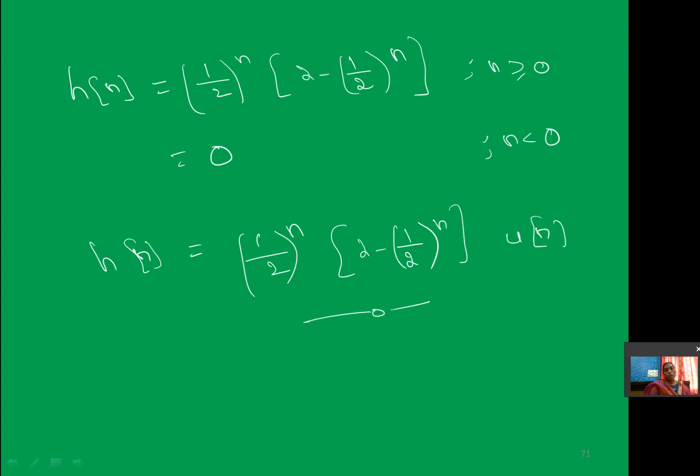This is the impulse response of the cascading of two systems. Okay, and then the homework problem is, do the homework. It was asked in the 2018 regular DSP paper.